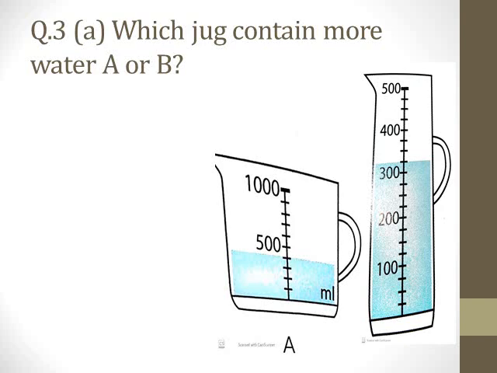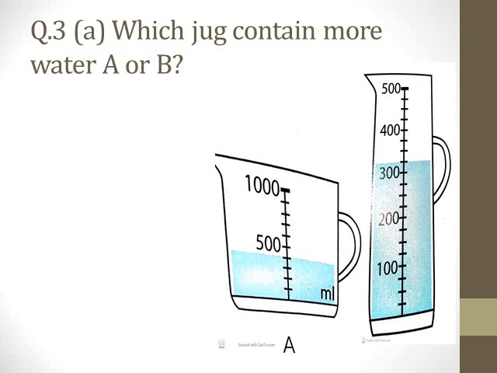So we can say that every 5 intervals have 500 ml in jug A. I know that 5 intervals have 500 ml of water, and the water reading is just one interval before 500. So if I know the one interval value, then I will be able to find how much water jug A contains.